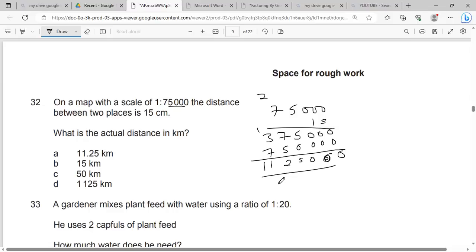Then we divide by 100 times 1000. And guys, if you don't know that unit there, just work it out. So this will be A.